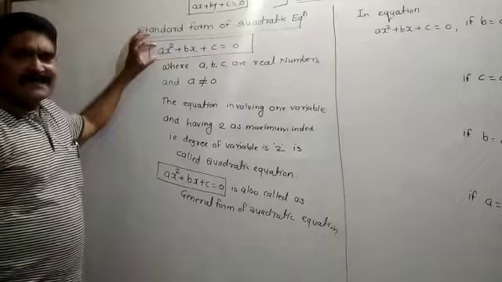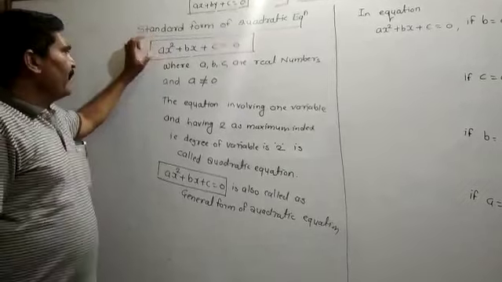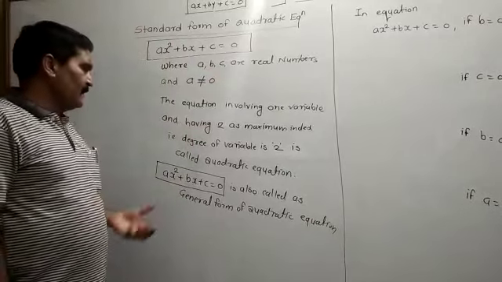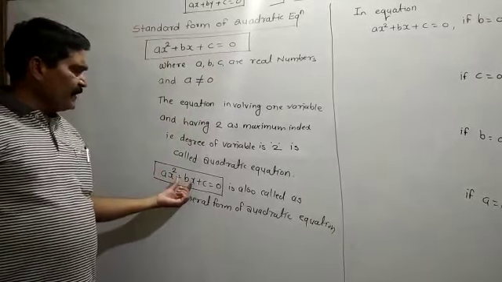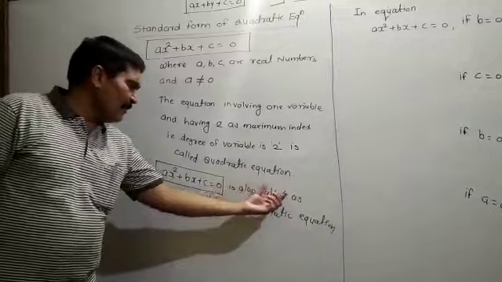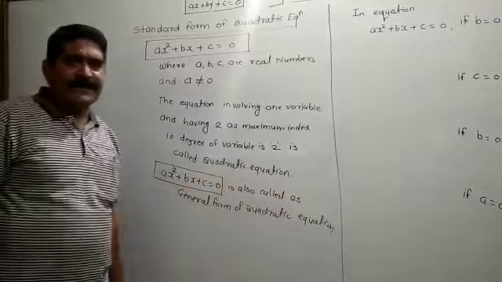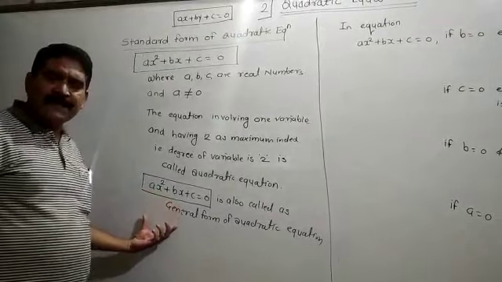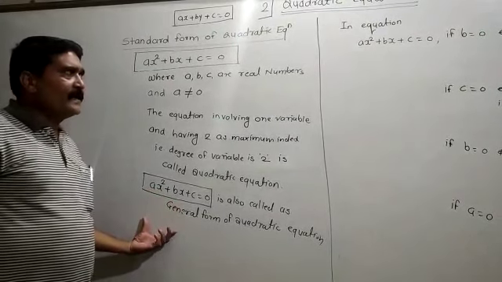So you have to say that this is the quadratic equation, where a, b, c are real numbers and a is not equal to 0. This is the condition. So ax square plus bx plus c is 0 is also called the general form of the quadratic equation. This is the standard form, or you can say the general form, of the quadratic equation.